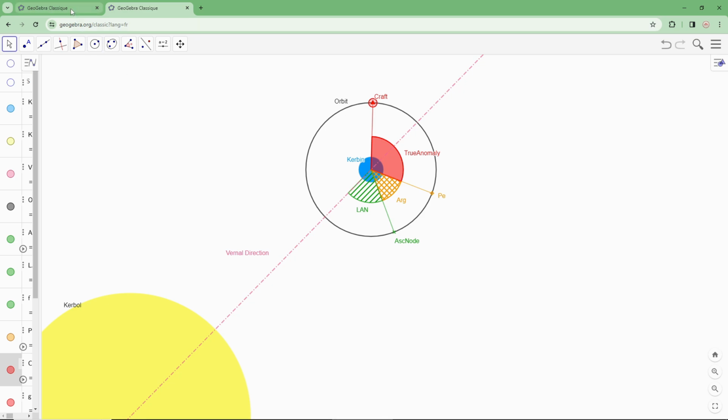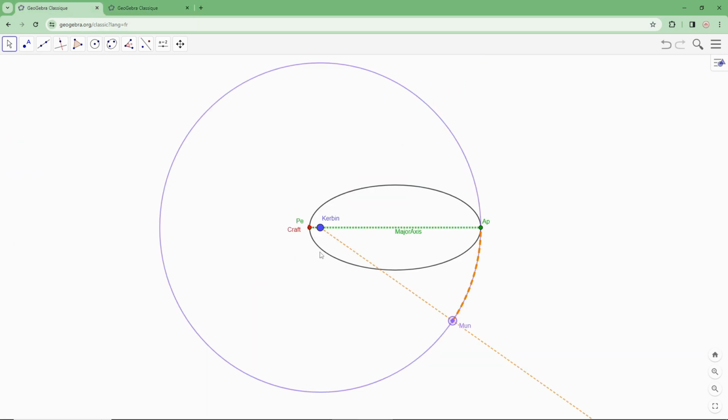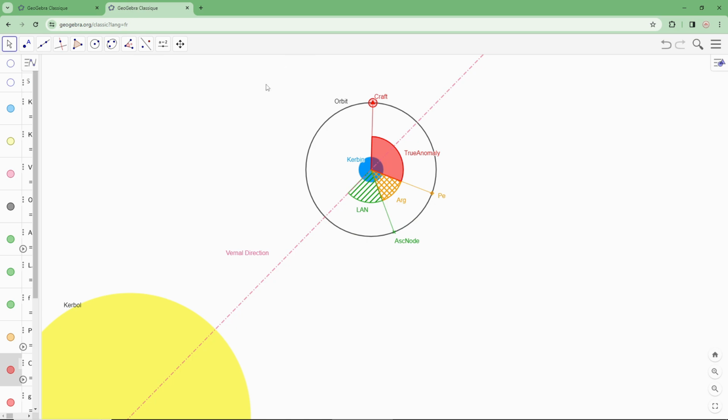Okay, so this will be useful here, because in this situation, as said, you can calculate 180 degrees minus the angle here on the moon, Kerbin, and the apoapsis. But this works only when the craft is here. But if the craft is here, how can I calculate the angle with the moon? For that, it's better to use that method.